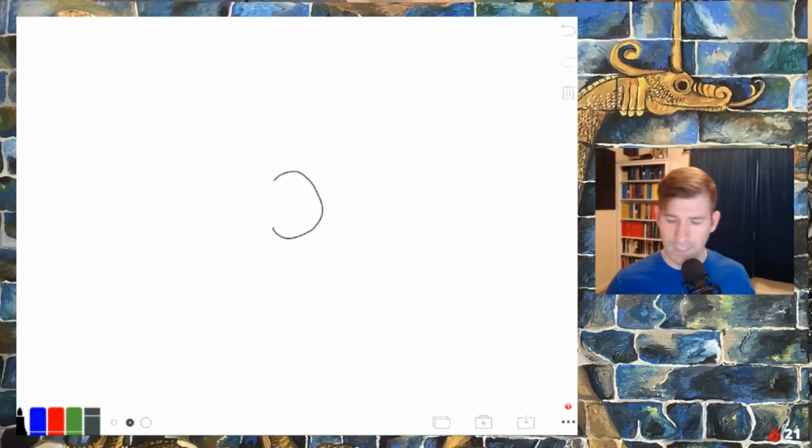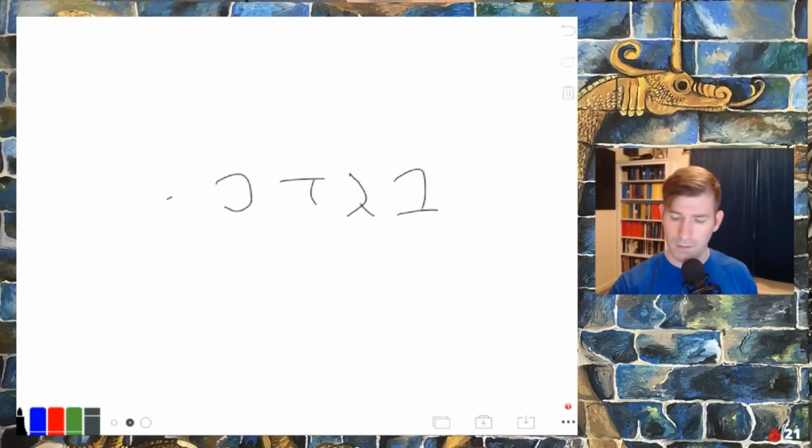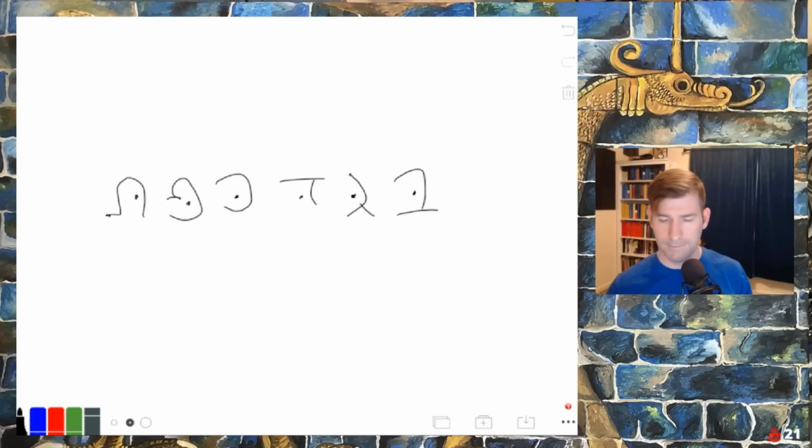So with these letters, the Begad Kafat letters, they can either take a dagesh or not take a dagesh. Now, when do they do that? It's actually pretty simple, generally speaking.